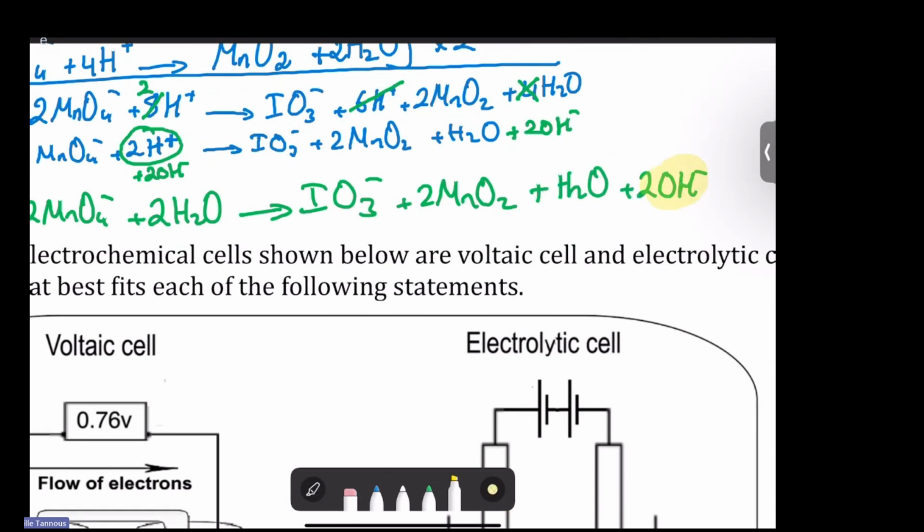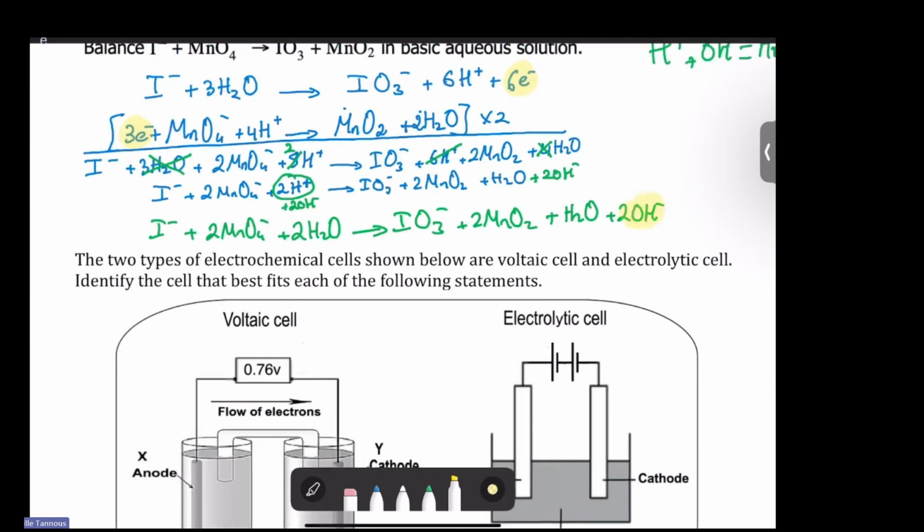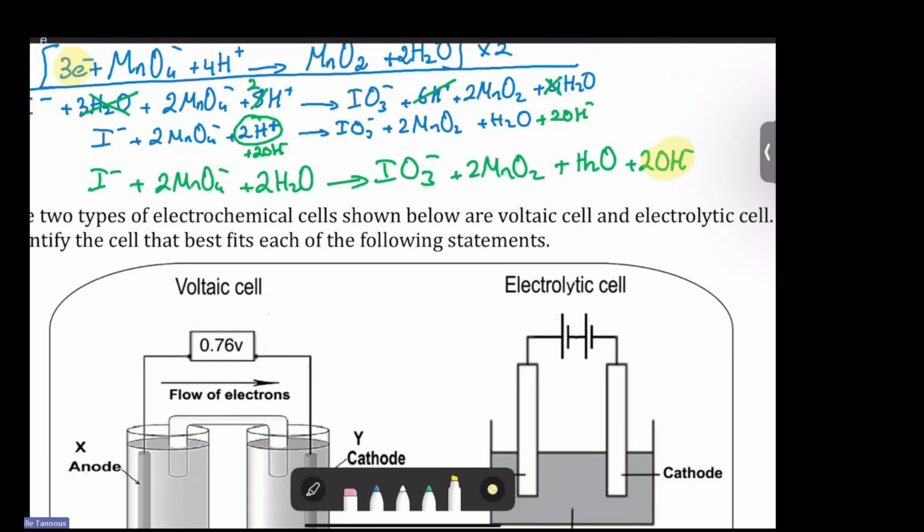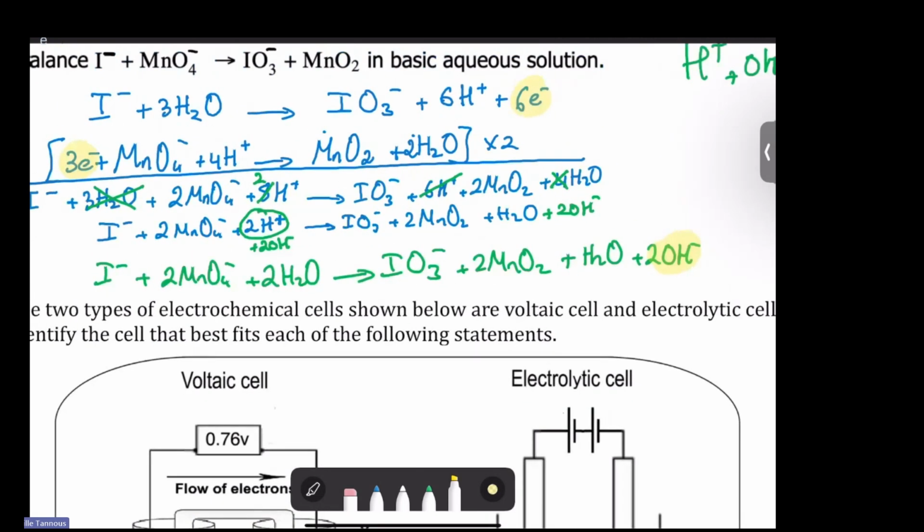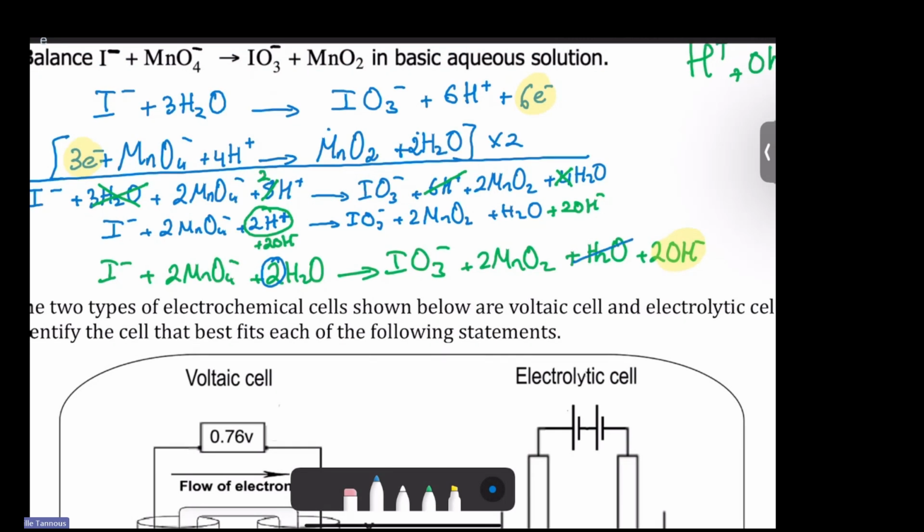By seeing this OH minus in the equation, I now know that this is in basic medium, and I got rid of the H plus that was present. Now, last look, I have 2H2O here and 1H2O here. So you rewrite this equation and cancel the H2O. You keep only 1. So that's the final answer.